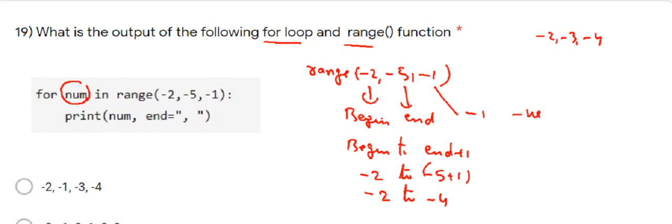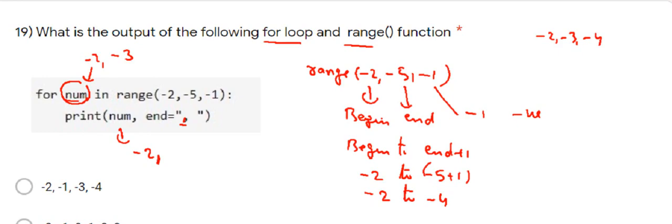So for the first time the num value will be -2. That you are printing. That means -2 will be printed. For the second time the variable num value will be -3. So here end means you are not letting the cursor go to the new line. You are keeping it in the same line and separating with a comma. This separator indicates this comma. And what is the next value of num?